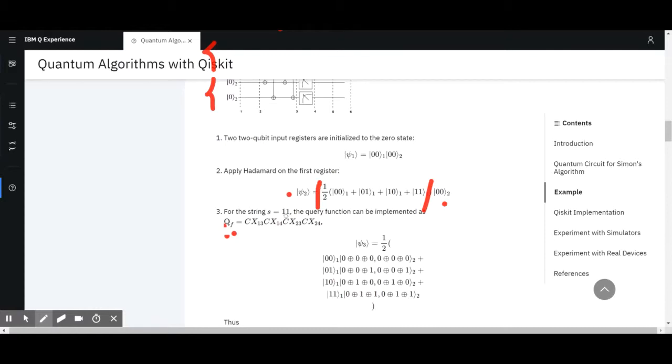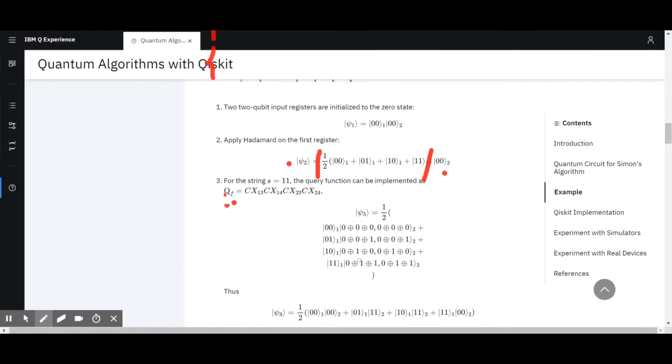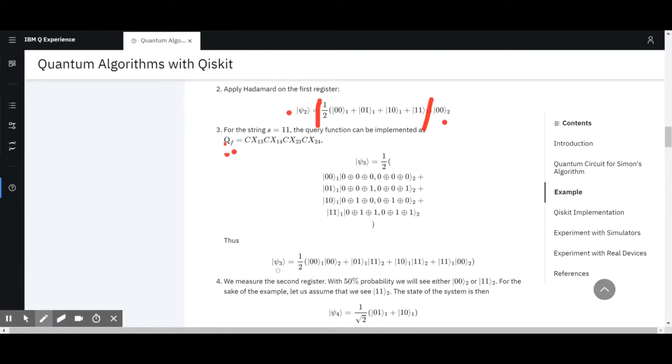So okay, and this is implemented this way. So basically, so what this is, and this is what you end up with.